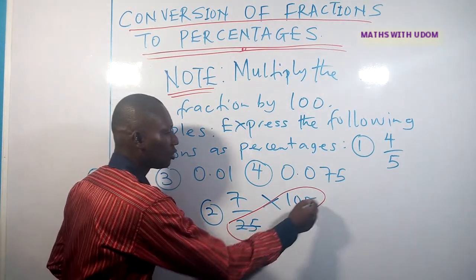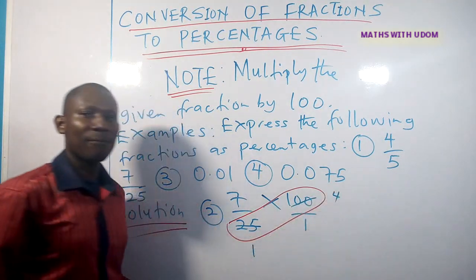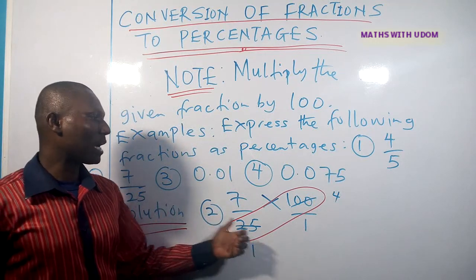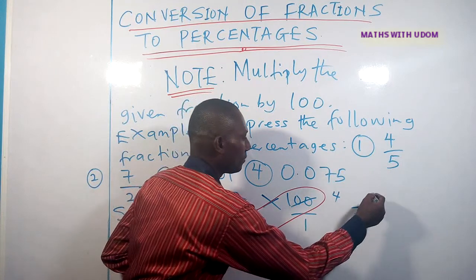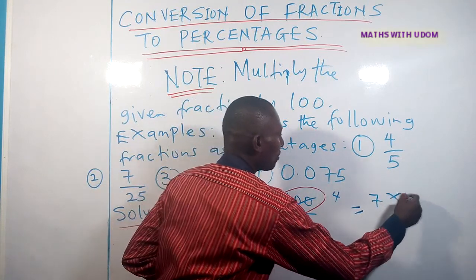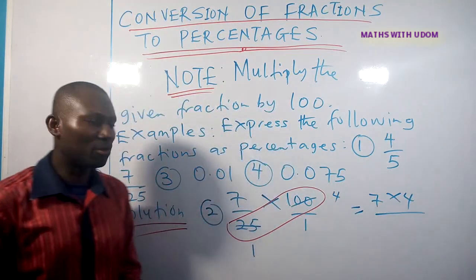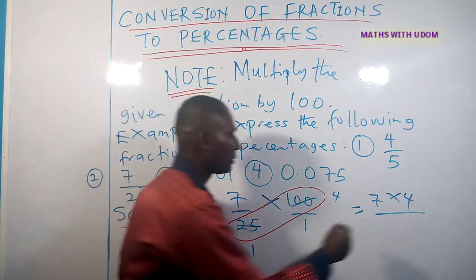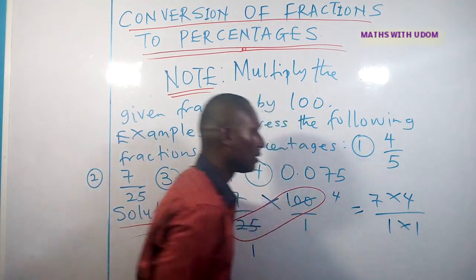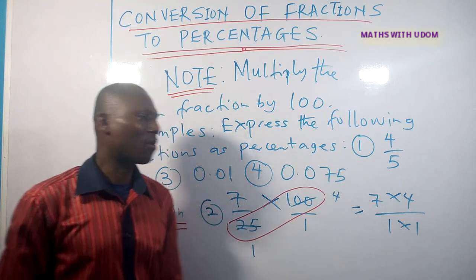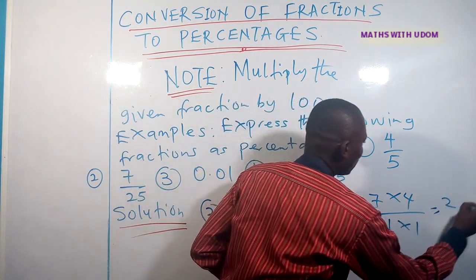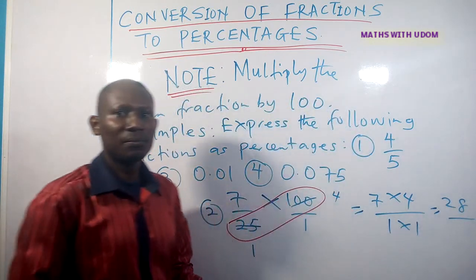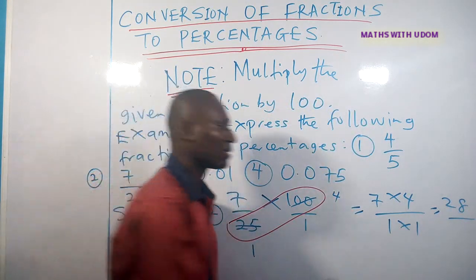So 25 here 1, 25 here what? 4. So the next thing we do is to multiply the numerators together. So 7 times 4 divided by, then our denominator, 1 times 1. And finally, 7 times 4 is what? 28. So we have 28 divided by what? 1 times 1 is what?